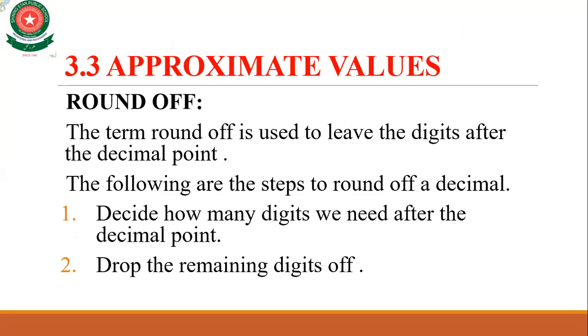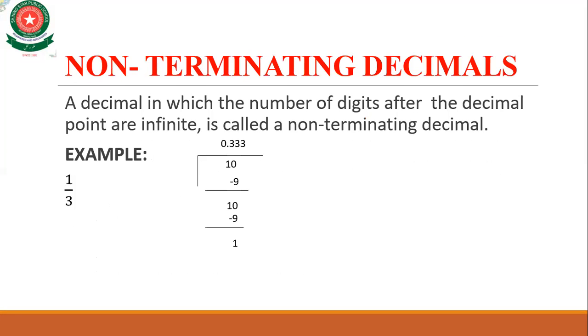Now the next one is approximate values. Here we will discuss rounding off. The term round off is used to leave out the digits after the decimal point.